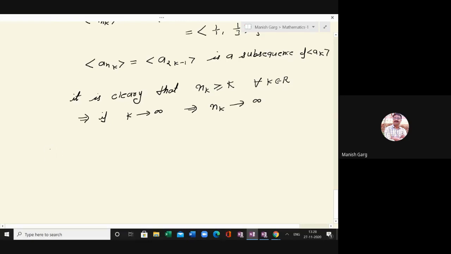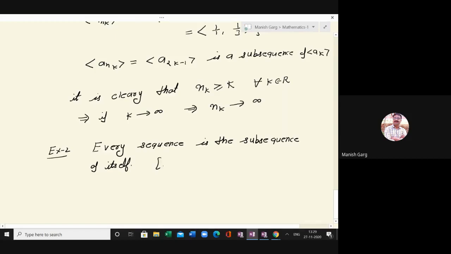Now example 2. Suppose you have a sequence. Can you say every sequence is a subsequence of itself, as every set is a subset of itself?